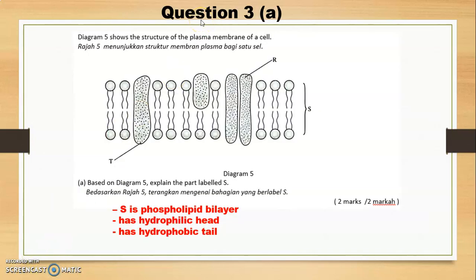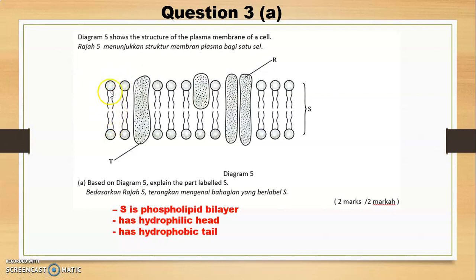Question 3. Diagram 5 shows the structure of the plasma membrane of a cell. So you have to observe carefully all the structures given in diagram 5.